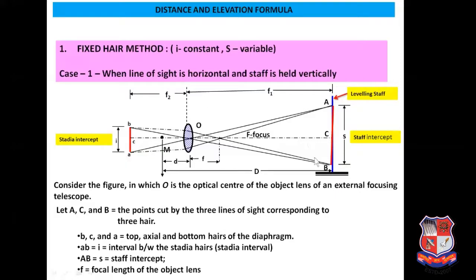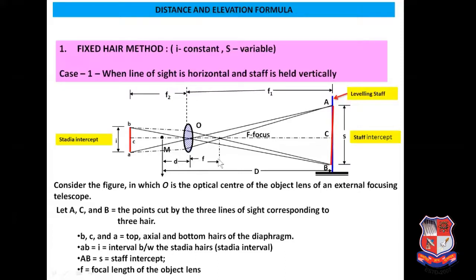Now on the right hand side, you can see capital AB is known as the S, that is the staff intercept. Capital A is my upper staff reading and capital B is my lower staff reading.